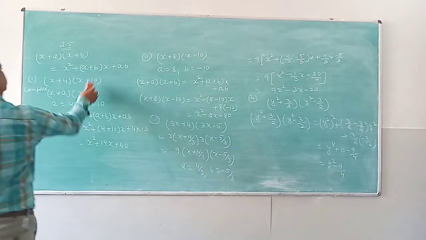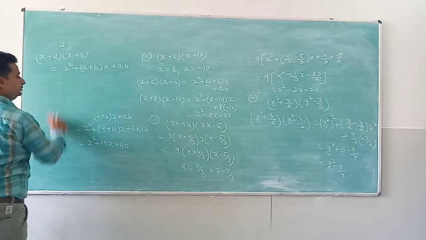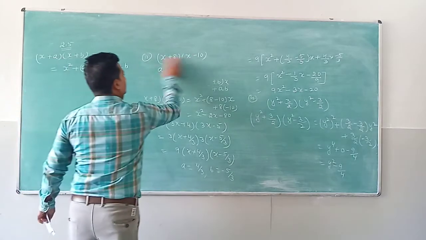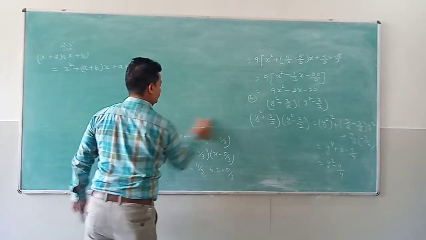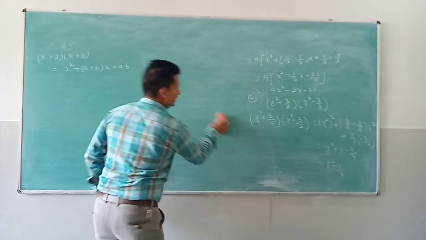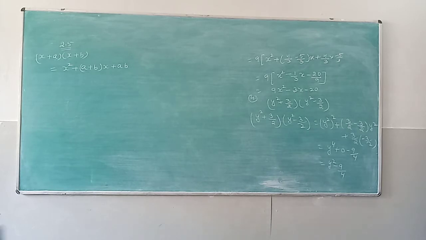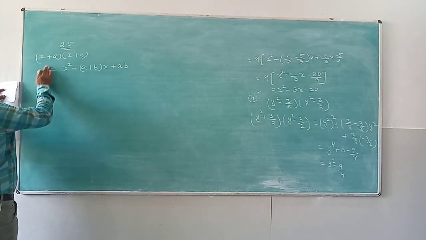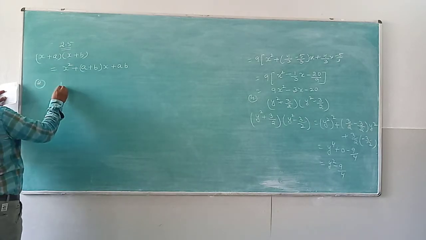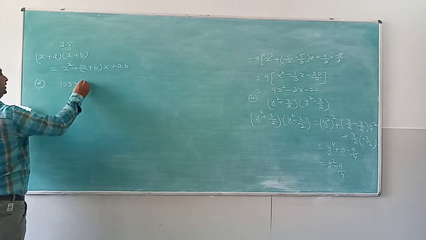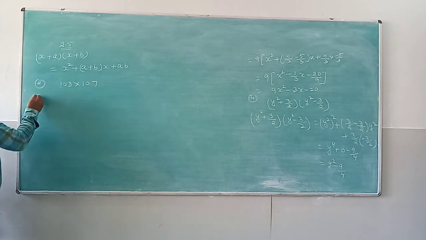In question number 2, the first part is find the product by using a suitable identity. 103 into 107.